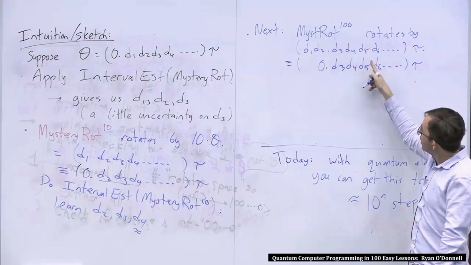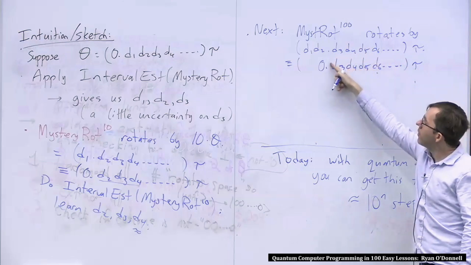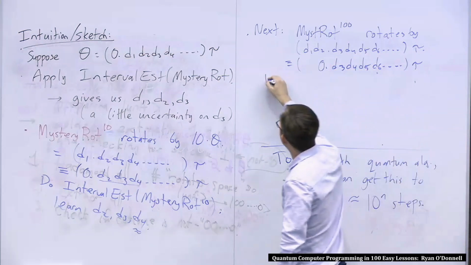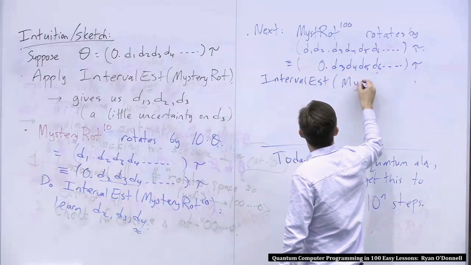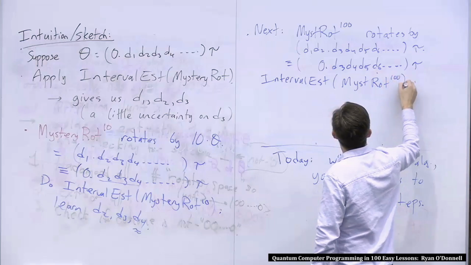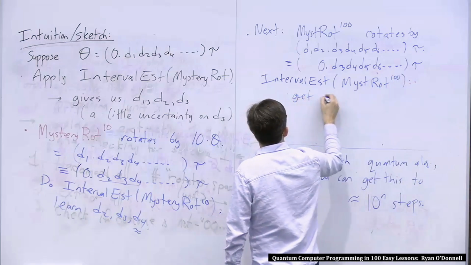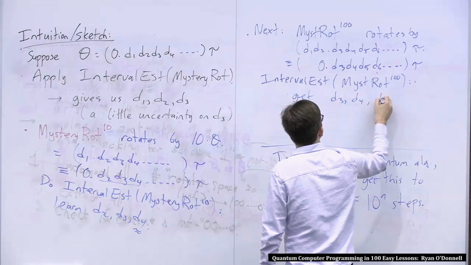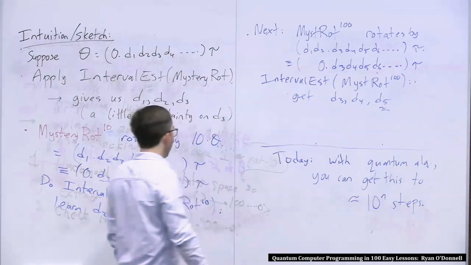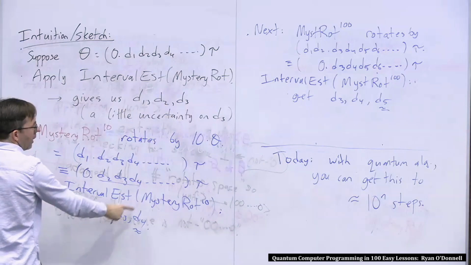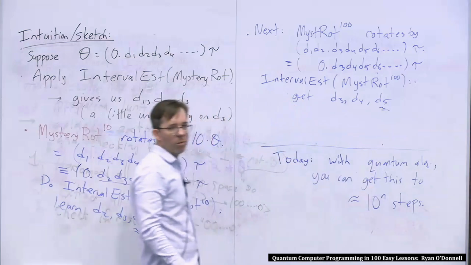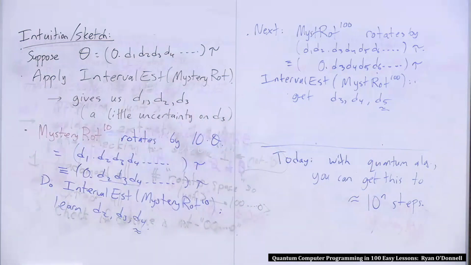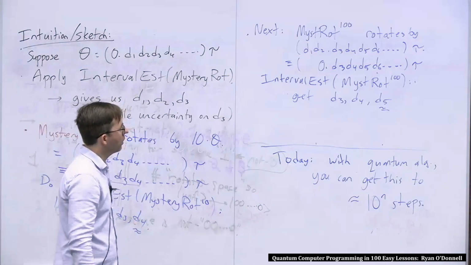Great, so effectively, this mystery rotation just rotates by this fractional amount of a full circle. So if we do interval estimate on it, we get d3, d4, and d5. Basically d5. And again, we pretty much knew d3. d4 we more or less knew, but this sort of fully confirms it. And now we have almost full confidence on d5. There's a little bit of cheating going on here, which I'll get to later, but not much.